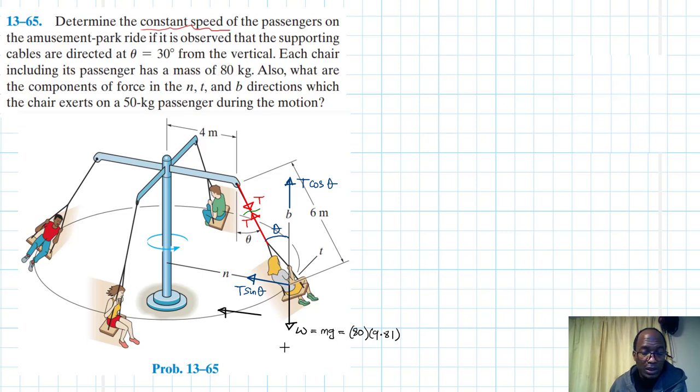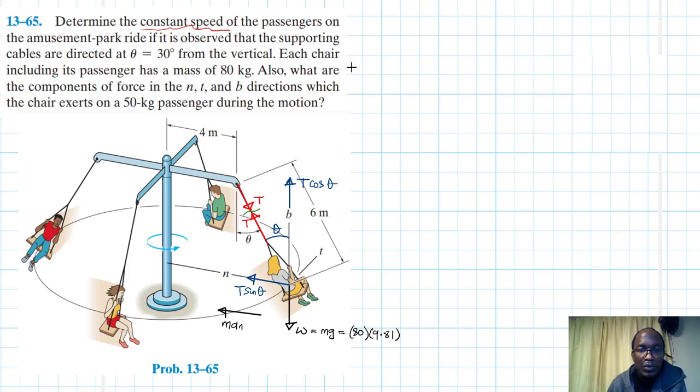In the T direction, we don't have anything. In the B direction, there is also no movement, so we are not going to have motion along the B, only in the N. Along the T, the speed is constant, therefore we don't have anything there. So this is m a_n.